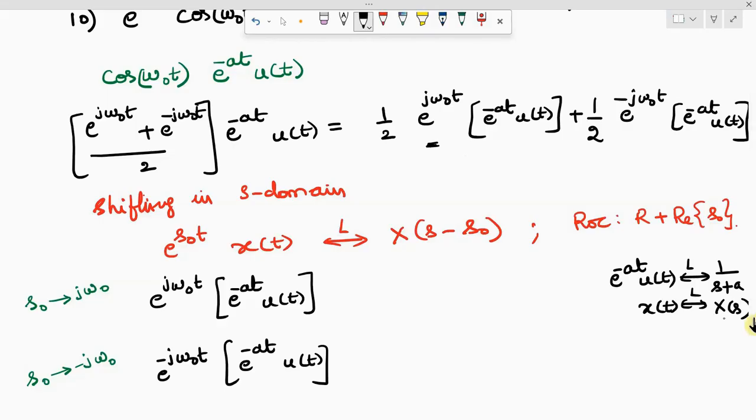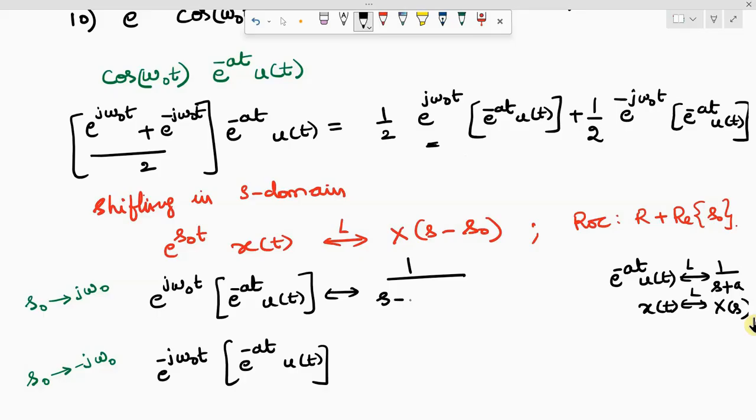So if x of s is 1 by s plus a, then tell me what is x of s minus s naught?